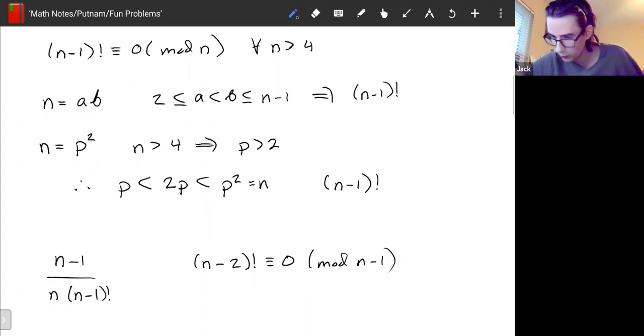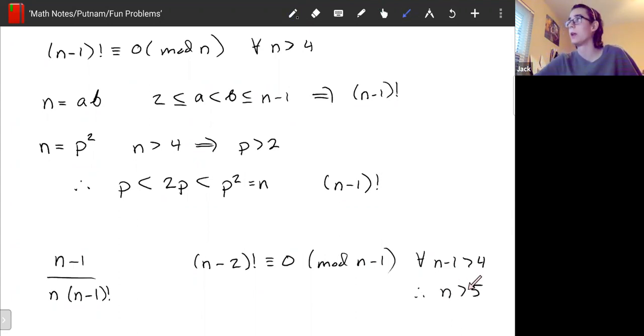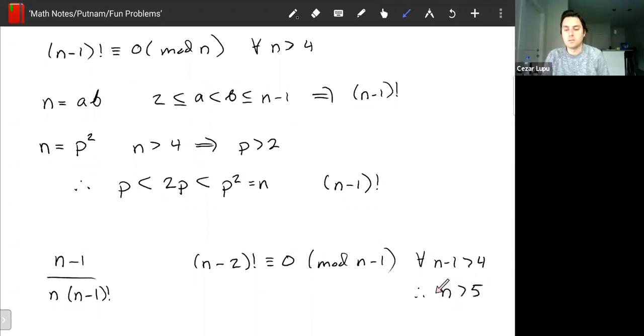And this will, of course, be true for all n minus 1 greater than 4. Therefore, n greater than 5. And that's why I had to earlier do the n equals 5 case by hand, and then the n equals 2 case because of this right here.